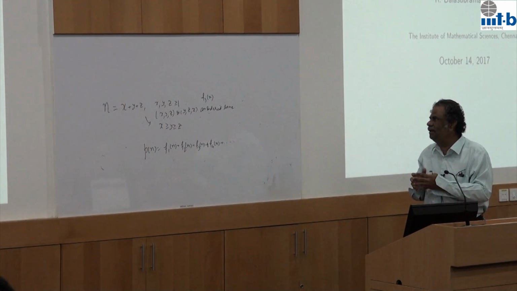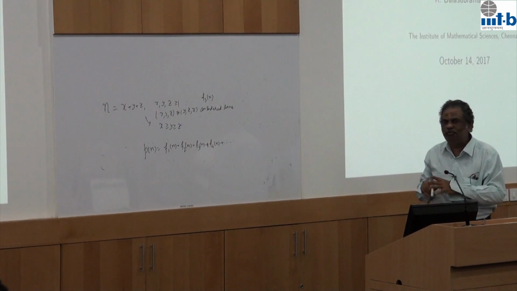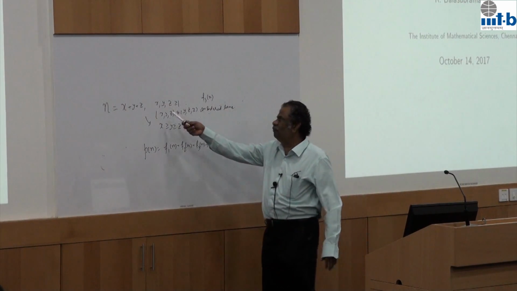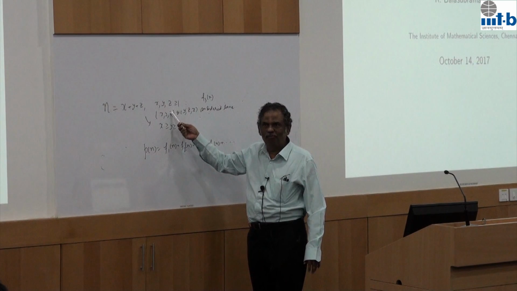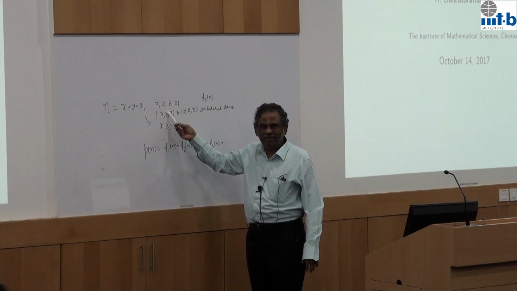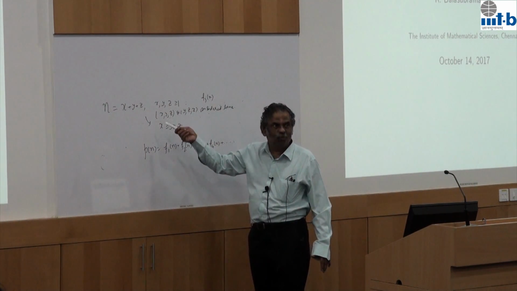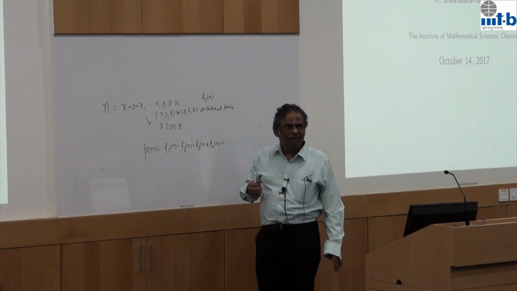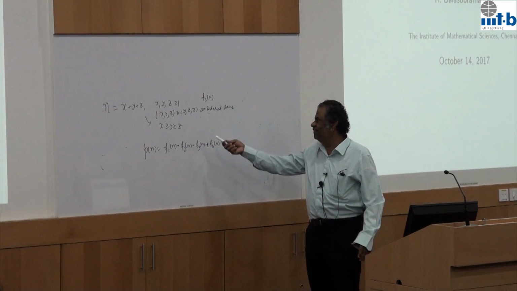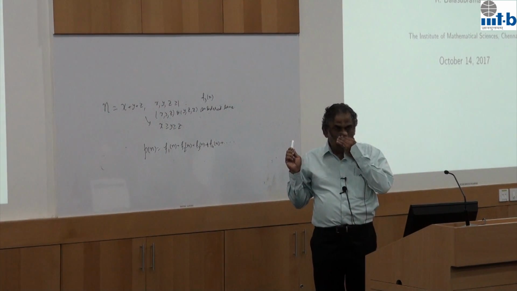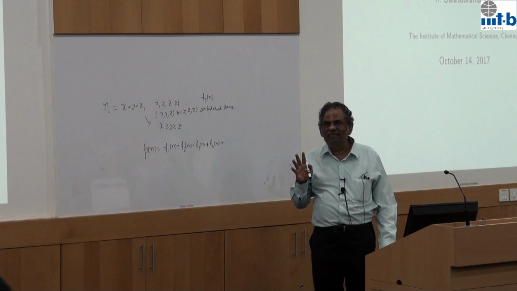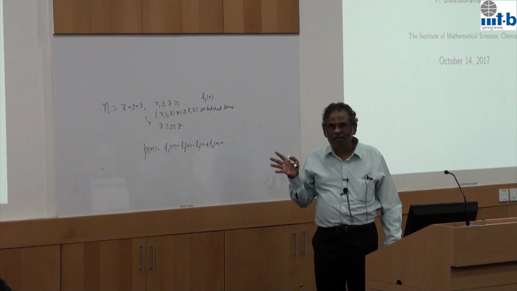Now let me explain the reasons why I made those changes. If I had not put x, y, z greater than or equal to 1, if I had put x, y, z greater than or equal to 0, then for every n there would be at least one representation. And if there is at least one representation, this infinite sum will be infinity. Therefore, there is nothing you can do. Whereas now, by this, the sum will not go up to infinity.